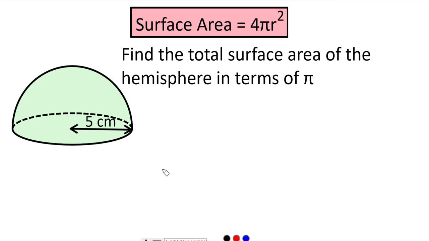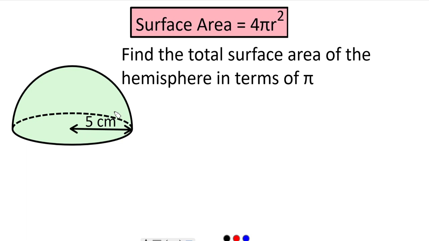Now, this is a hemisphere. A hemisphere is a half of a 3D sphere. Here we want to work out the total surface area of the hemisphere. But if you look very carefully, you find that there are two basic surfaces.